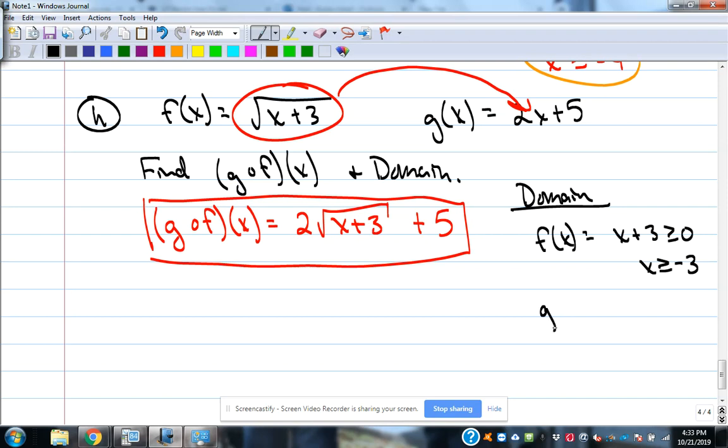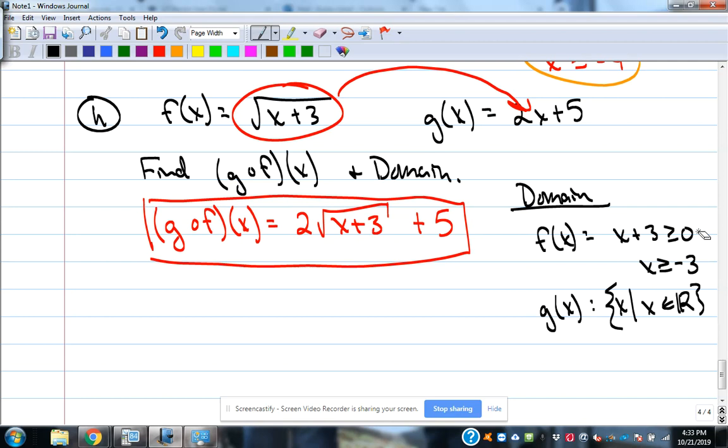And then the domain of g of x, we already know that that's all real numbers. So if there are no restrictions on the first function listed, then the only restrictions we have to worry about are from the second function.